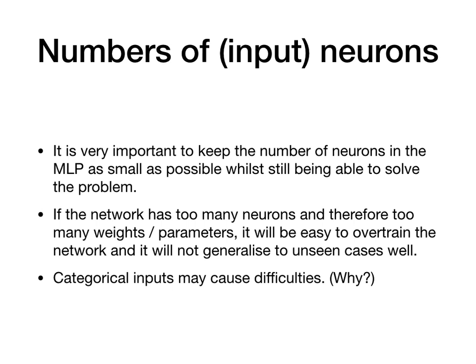The more parameters you have, the easier it is to overtrain the network, and it won't generalize to the test set very well. Categorical inputs cause particular difficulties in this case, because one categorical attribute can turn into many input neurons, as you have an input neuron for each of the values.